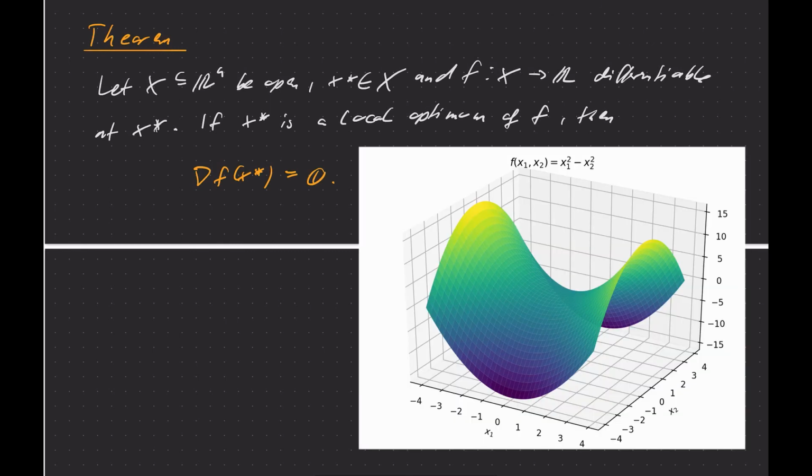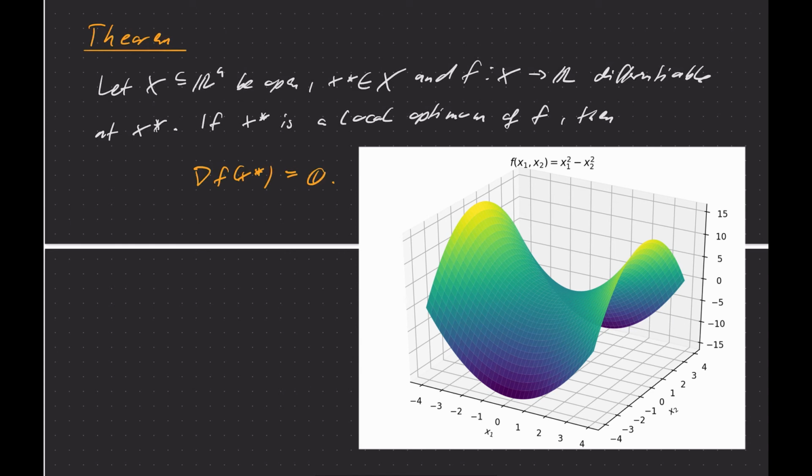You will remember functions where we had a saddle point. For example, a function like this specific function here. You remember how we plotted that before. And you can see the origin is a saddle point, so that's neither a maximum nor a minimum, but the gradient at that point is still zero.